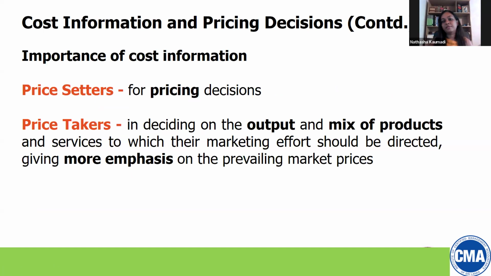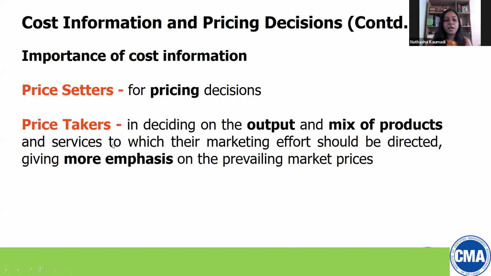Now, what is the importance? Why am I talking about price setters and price takers in this pricing decision lesson? Importance of cost information. Why is pricing discussed under the cost and management accounting discipline? This is the reason, because cost and management accounting doesn't directly have to do with pricing, I would say, right? But there is a relationship.